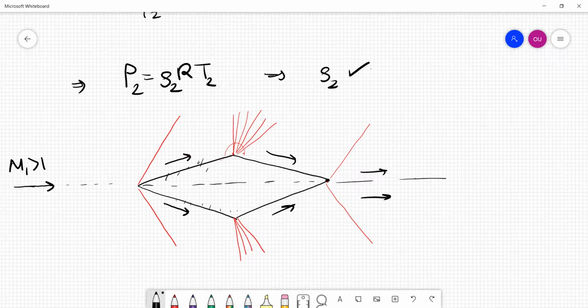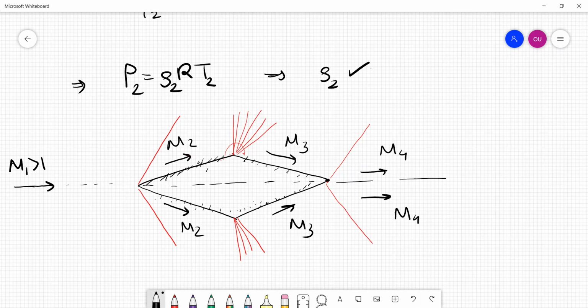Similar to the example that we did yesterday, by finding Mach numbers in this region, and in this region, if the angle of attack is 0, it will be symmetrical. So if you find the Mach numbers, and therefore all the flow properties such as static pressures, you can calculate static pressure distributions on these surfaces, which you can use to calculate, for example, the drag acting on this diamond-shaped body.